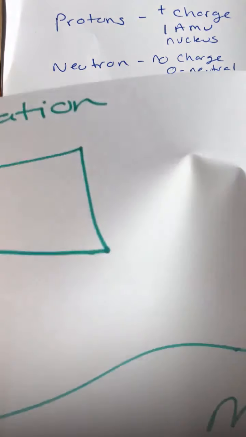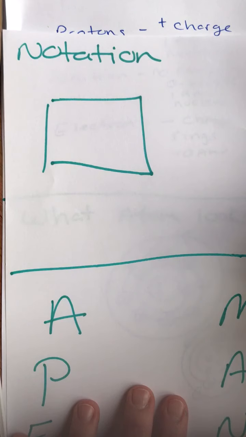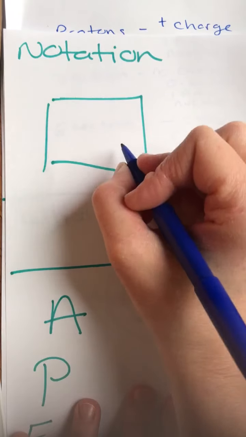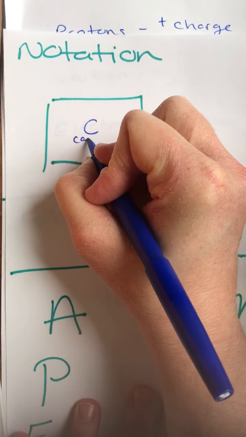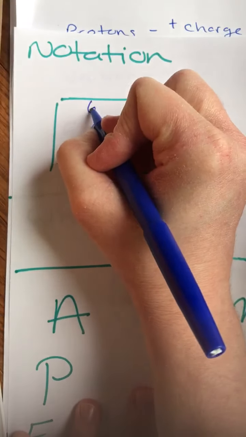So then the next thing I wanted to talk about was notation. So when you have your setup where you're either looking in the periodic table or you are looking at the symbol notation that I may give you. If you're looking at the periodic table, we'll go with carbon again since I just talked about it. It would be like this in one of the little boxes on the periodic table.